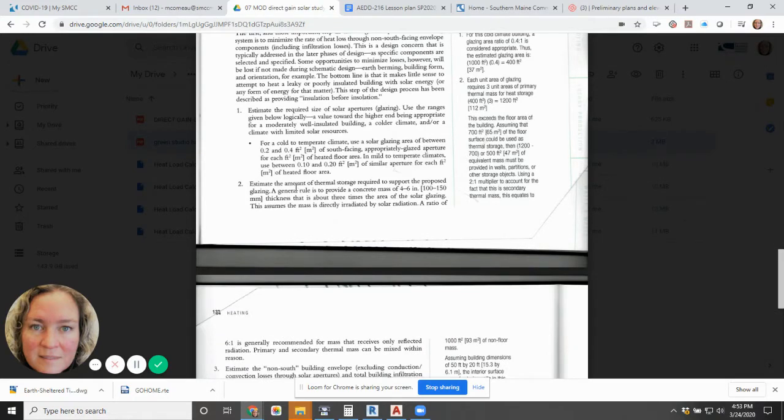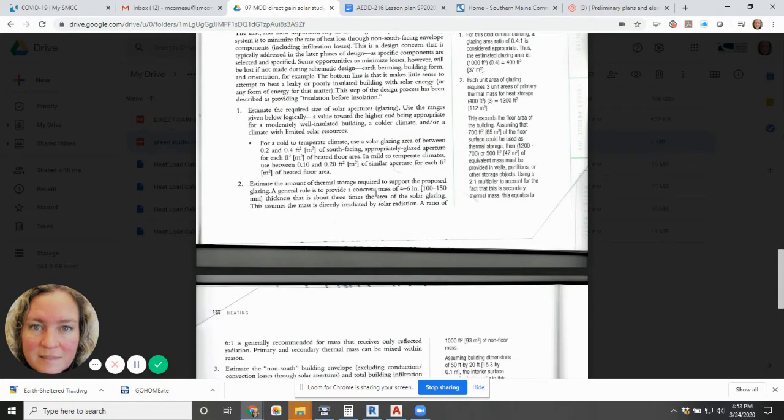So the next step is to estimate the amount of thermal storage required to support the proposed glazing. So this is one piece of it. I've got to figure out how much glazing I need, and then once I figure that out, I need to figure out what floor area I need in order to store all that heat that I'm going to get from that glazing. So these are directly related. We're going to see what happens when we look at my example house.